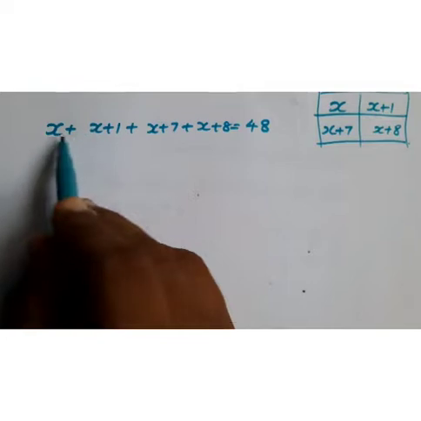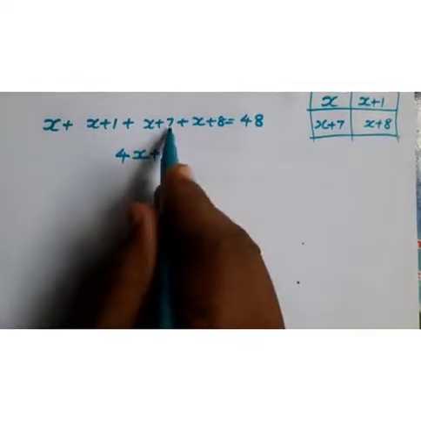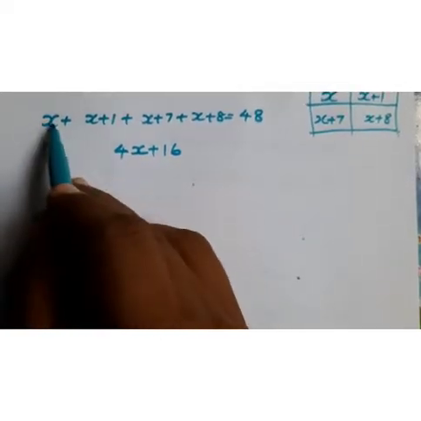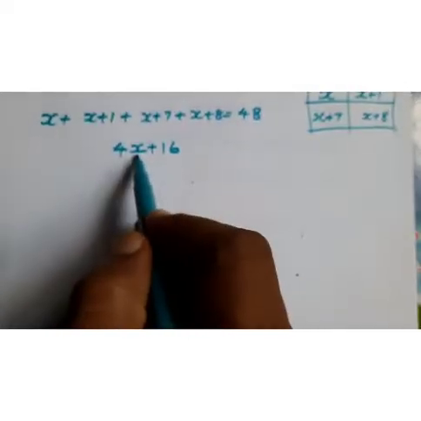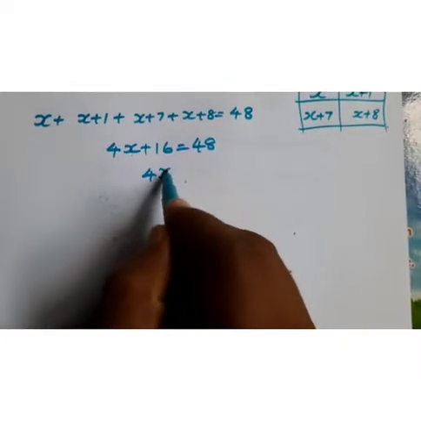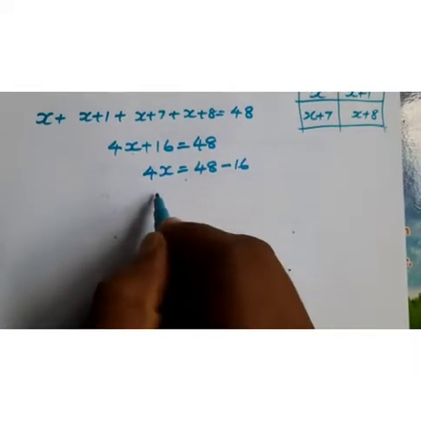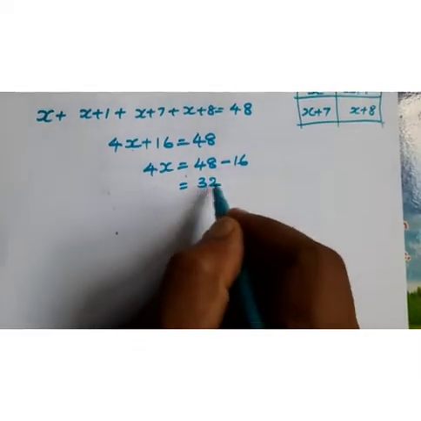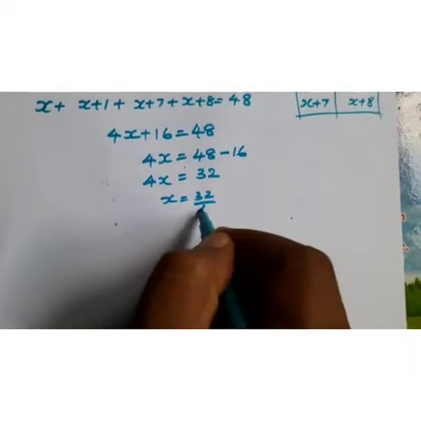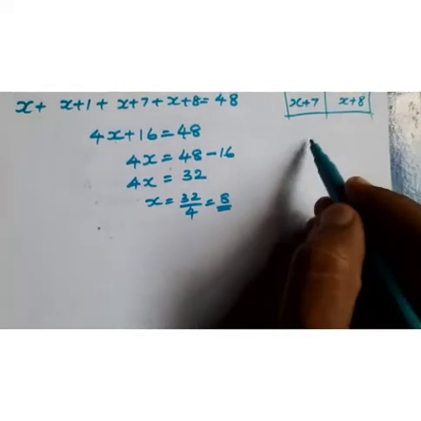Adding the same variables, you get 4x, and 1 plus 7 plus 8 gives 16. So 4x plus 16 is 48, and the value of 4x is 48 minus 16, which is 32. What is x? 32 by 4, you will get 8. So the first number is 8.